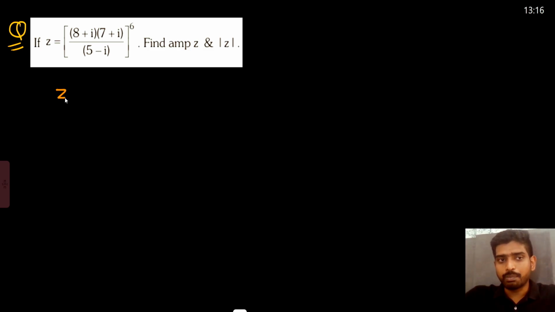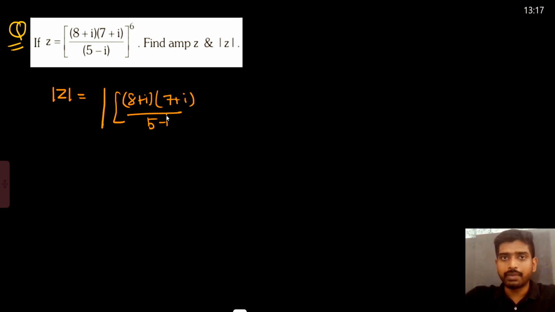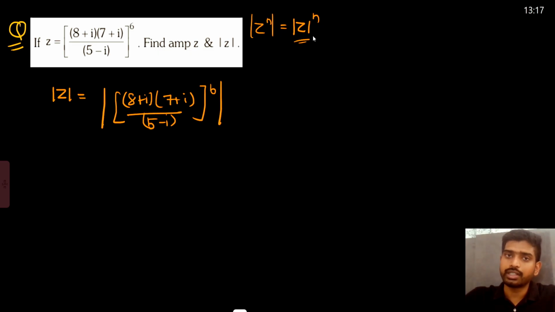The modulus of z will be equal to the modulus of (8 plus iota) multiplied by (7 plus iota) divided by (5 minus iota), whole to the power 6. Now we know the property of modulus, that the modulus of z to the power n is the modulus of z to the power n. But this property we will use, that means this 6 I can send out of the modulus.